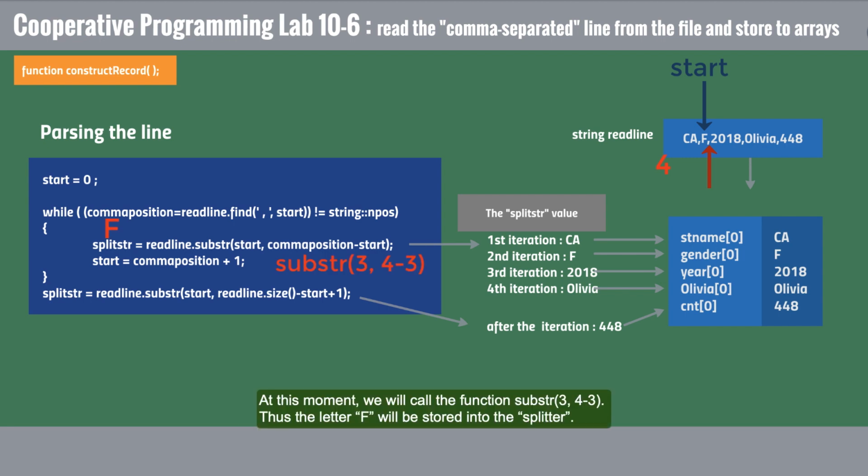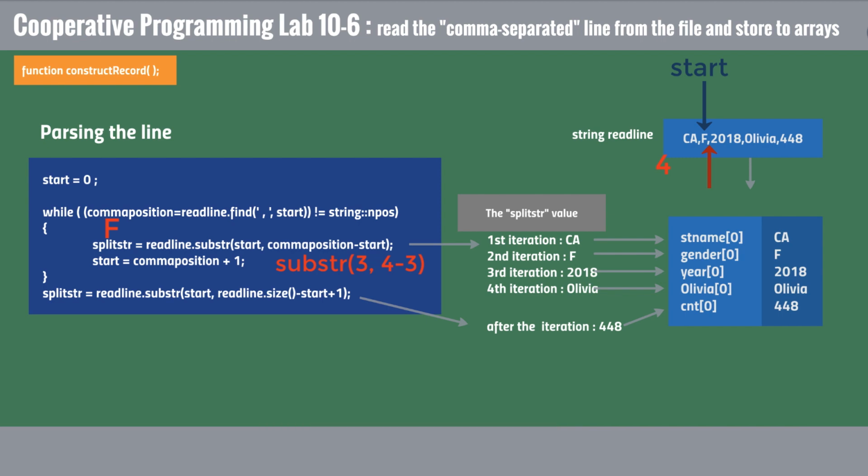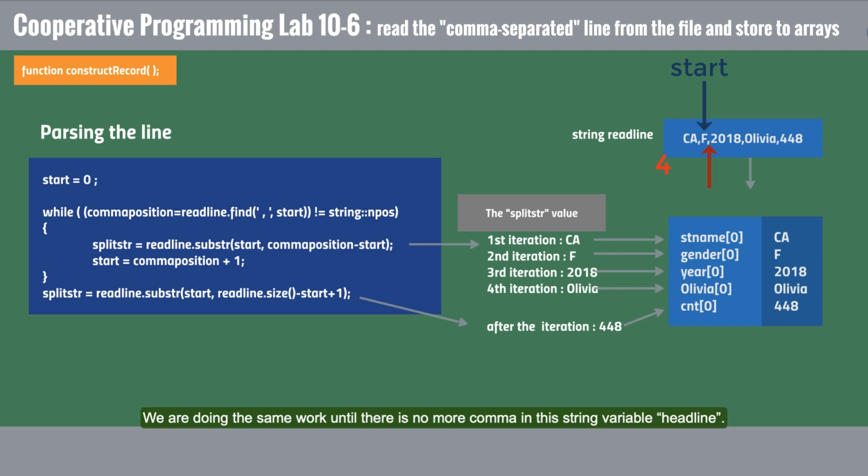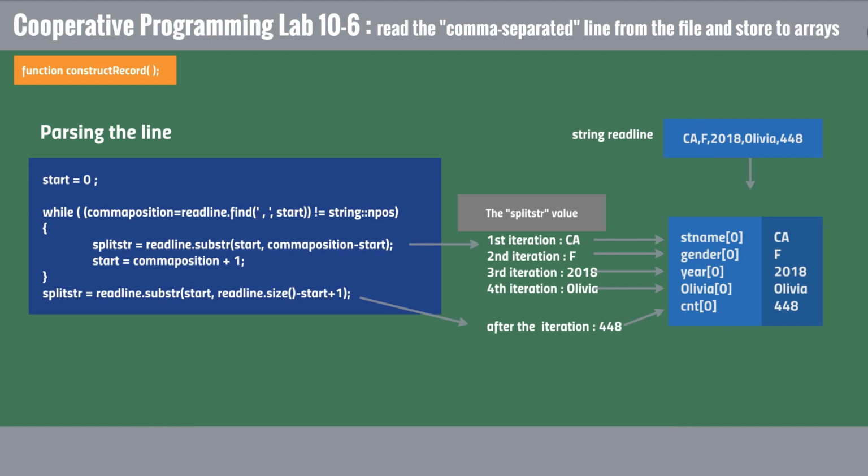At this moment, we will call the function substr with 3 and 4 minus 3. Thus, the letter f will be stored into the split string. We are doing the same work until there is no more comma in this string variable read line.